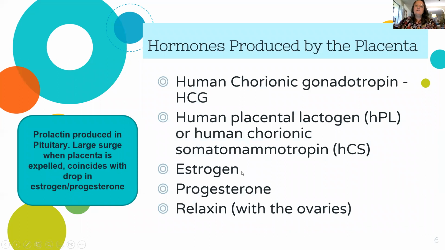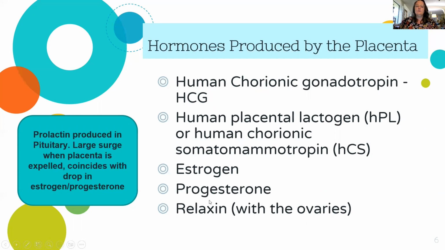So I have the list of hormones here. This is an NCLEX style question. This is a memorization. When we are looking at a pregnancy test, we are looking for human chorionic gonadotropin, also called HCG. There are other hormones that the placenta also produces, and some of them in large quantities.